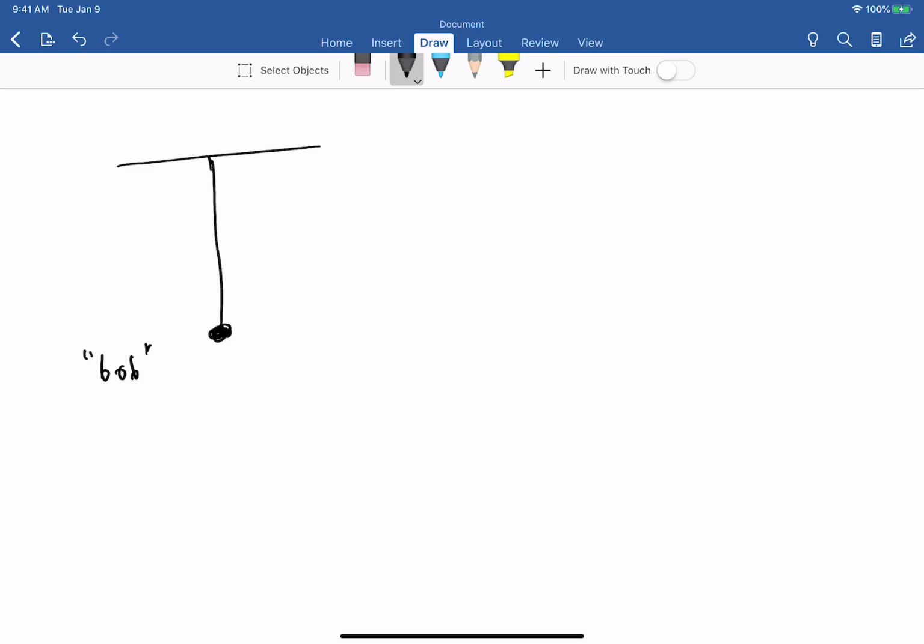So what we have done here is swing the pendulum to one side. The length of the pendulum is L, mass is little m. We've swung the pendulum to one side, and this is how it was earlier. I'll draw that with a different color.